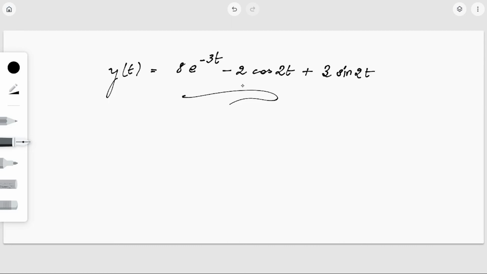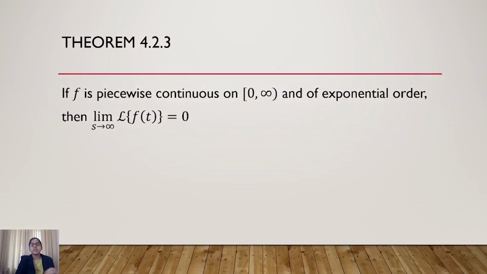Okay. So now we shall just discuss one small theorem and we shall wind up this section. There is a theorem 4.2.3 that gives us the limiting condition of the Laplace transform of a function. If the function is piecewise continuous and of exponential order, then the limit as s tends to infinity of script L of f(t) is nothing but 0.